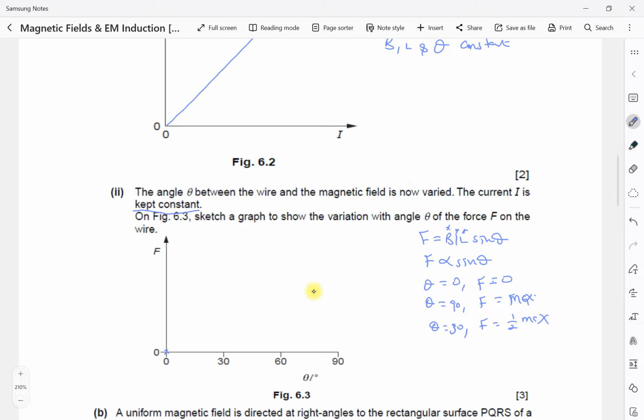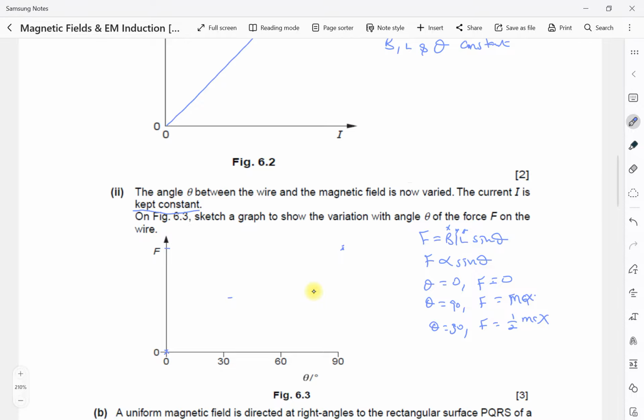So if I say that this is the maximum value for my graph at 90, at 30 it should be half. So I'm trying to estimate half around here. So if the maximum is somewhere here, at 30 it should be half.